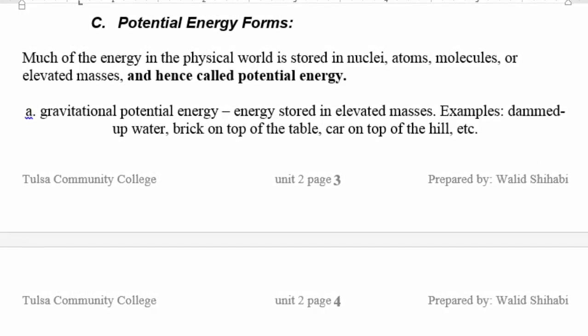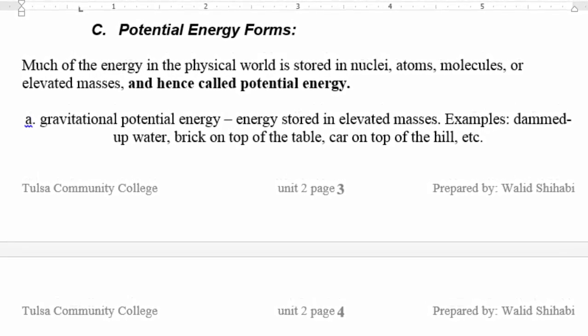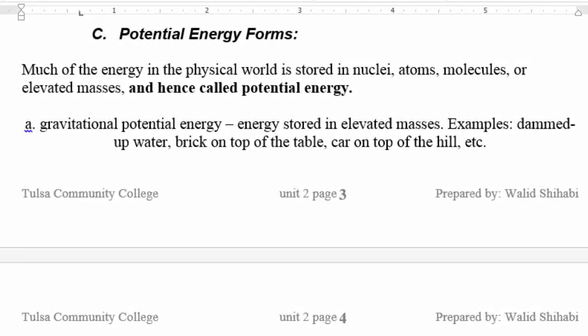When you elevate an object, you are storing potential energy, gravitational potential energy, in that object. Therefore, whenever you release it, it will have the ability to perform work. So for example, dammed up water that is used to generate electricity: when you elevate that body of water, you are storing potential energy in it. As soon as you release it, it will be able to perform work.